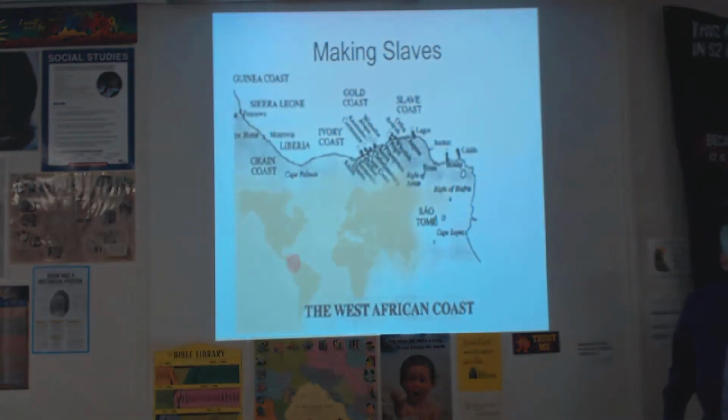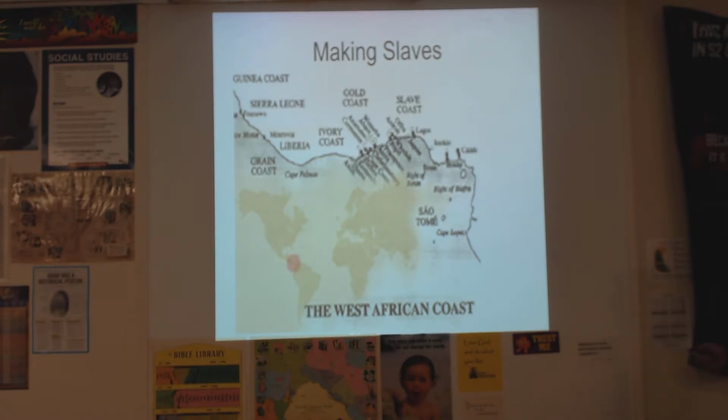Now, the part of Africa where slavery was greatest was along the West African coast. In fact, some of it was called the Slave Coast, but these are cities that were ports from which most of the African slaves were taken.